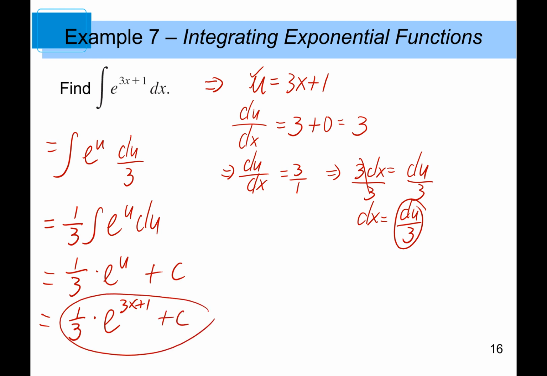So you find the integral of e to the 3x plus 1 with respect to x. You can call this u substitution. This method works very well for finding the integral of the natural exponential function. That's pretty much it for this section.